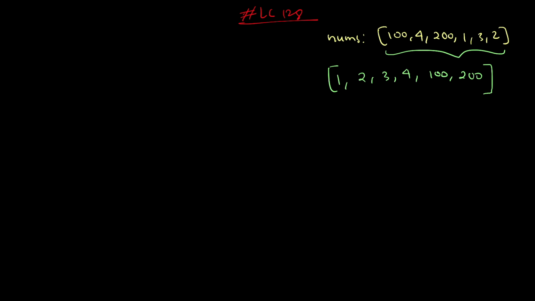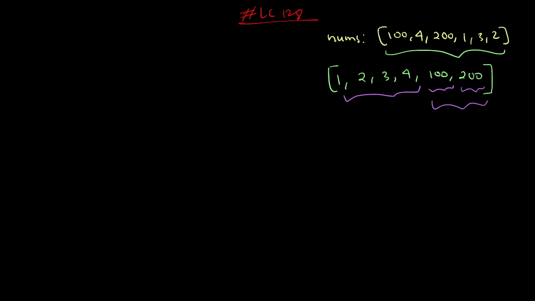For example, 1, 2, 3, and 4 is a sequence. We can call 100 a sequence and 200 a sequence, but we cannot say these two together are a sequence because 100 and 200 are not next to each other, although it looks natural to see them together.